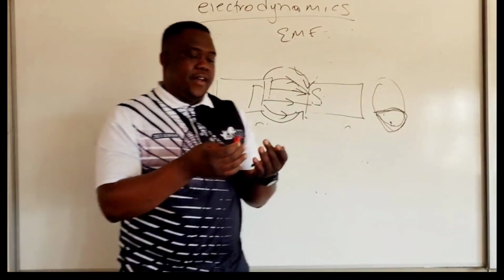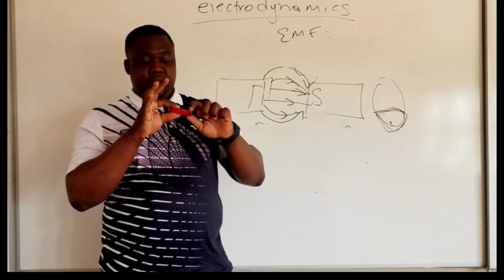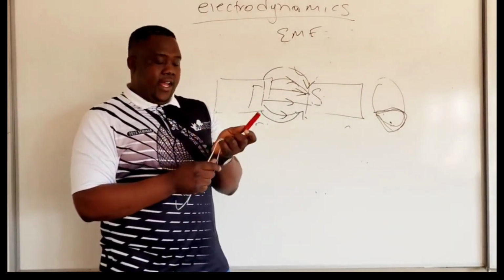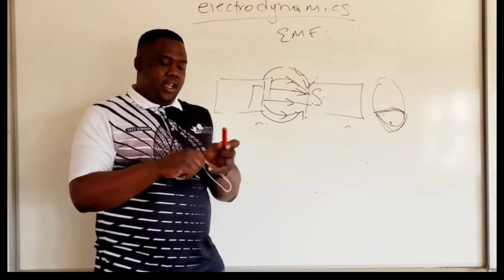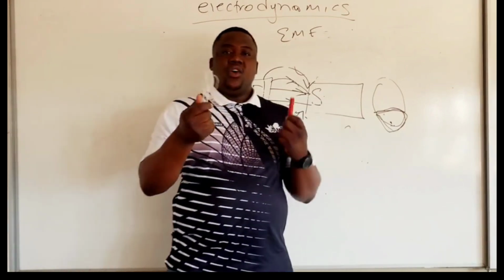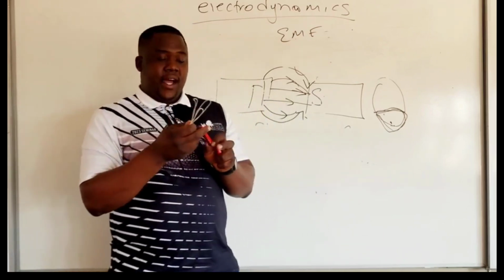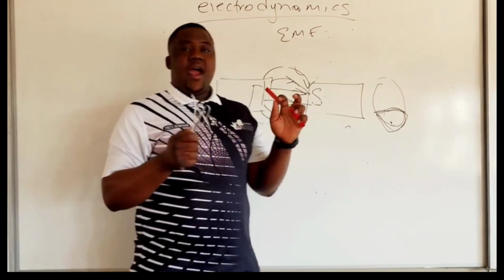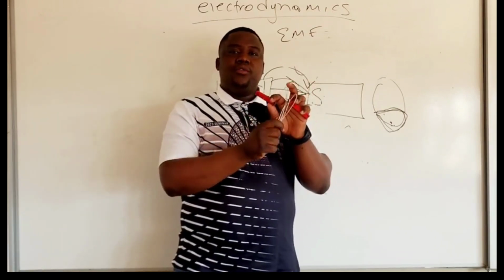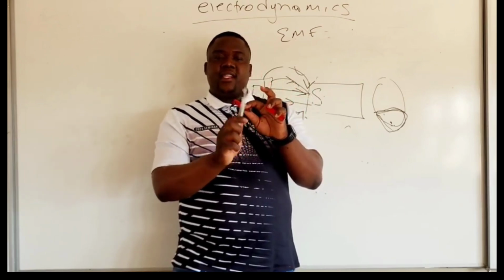If we have a magnet like this, and we have an electric conducting wire, just like I'm holding an electric conducting wire, I can simplify it: when an electric conducting wire moves against the electric field line.